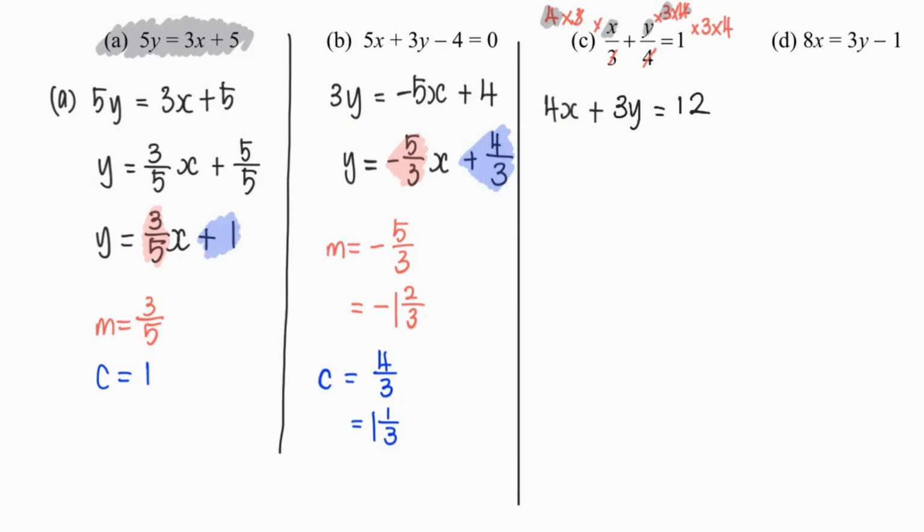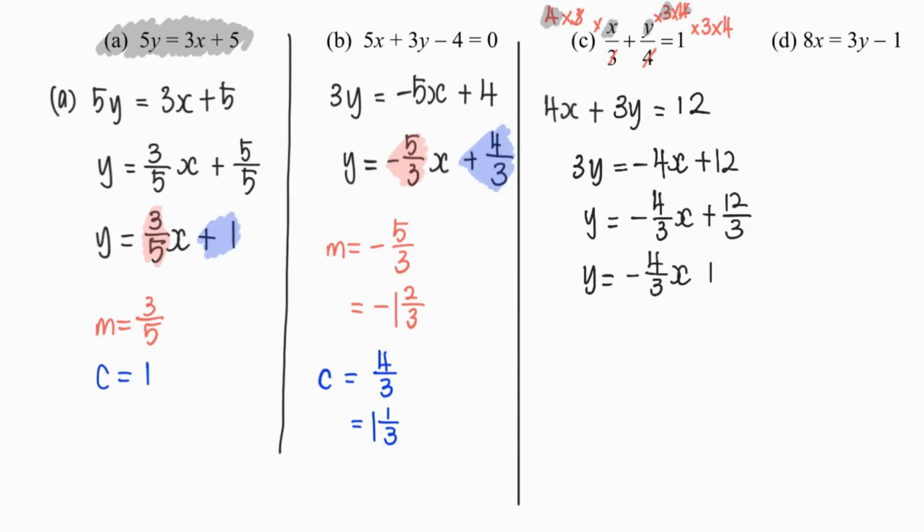Okay, and again, ensure one side only has y, so negative 4x, positive 12, divide by 3 throughout. If you can simplify, you continue to simplify.